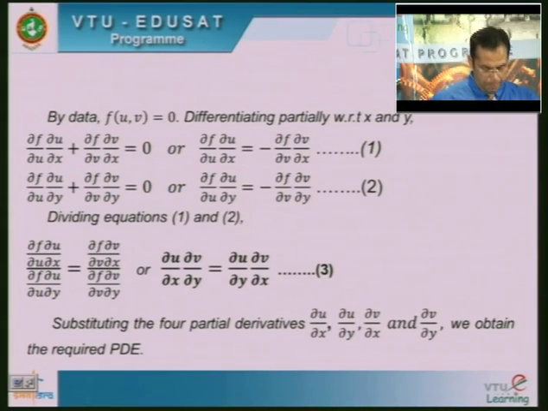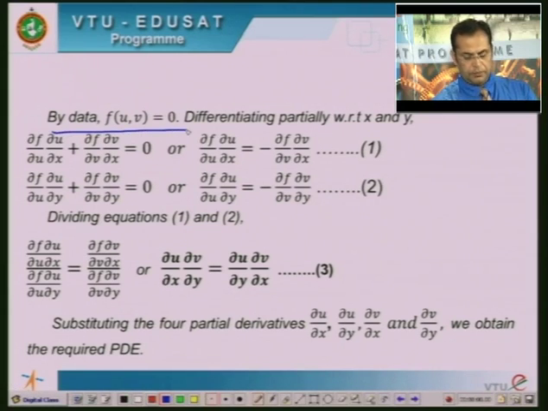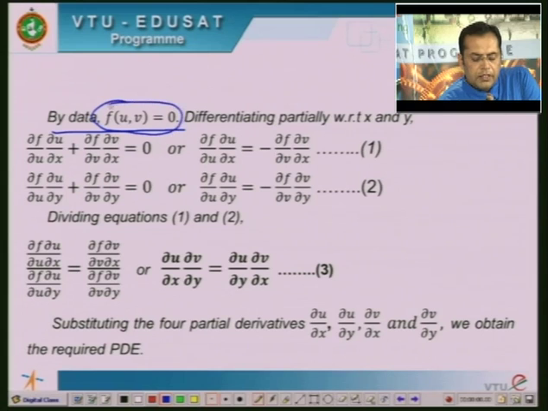So, by data it is given f of u comma v equal to 0, correct. So, differentiating partially with respect to x and y, apply chain rule for this. What is chain rule?